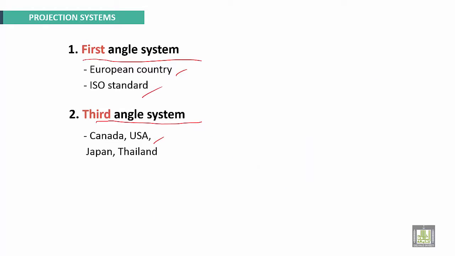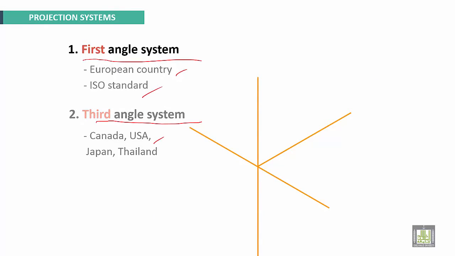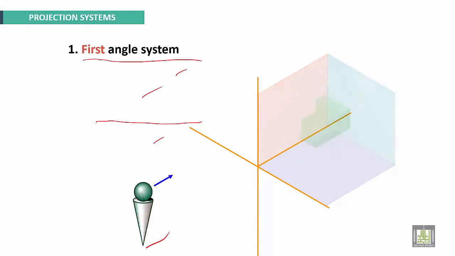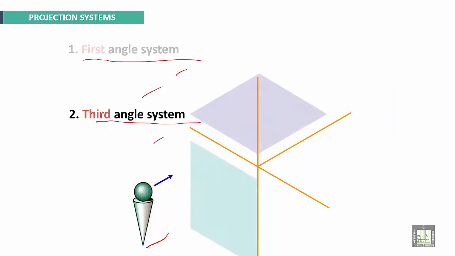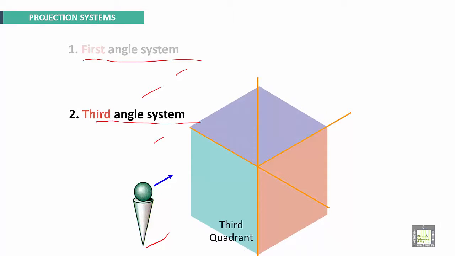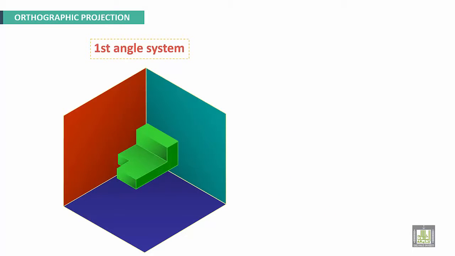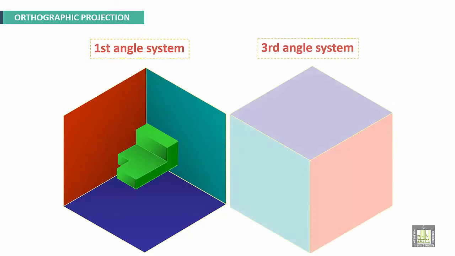If we divide the space for 4 quadrants, this is the first quadrant, this is the observer. And this is the third quadrant with the observer. First angle system and third angle system.